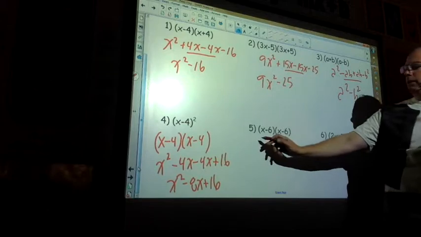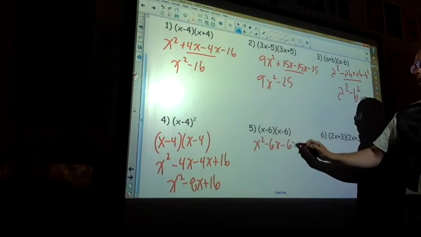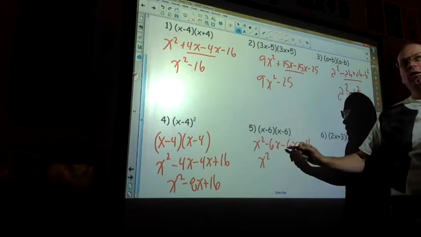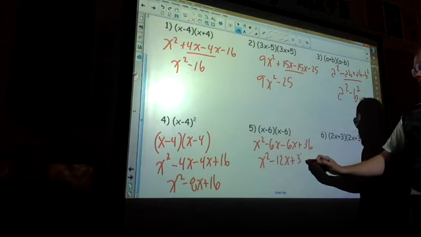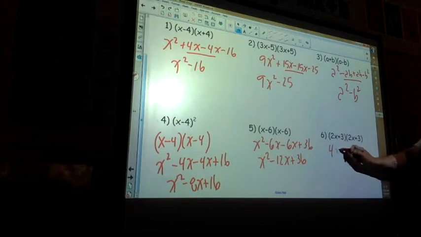All right, this one, x squared minus 6x plus 36. So I get x squared. Those don't cancel, do they? So I get that. And then last one, 4x squared plus 6x plus 6x plus 9.